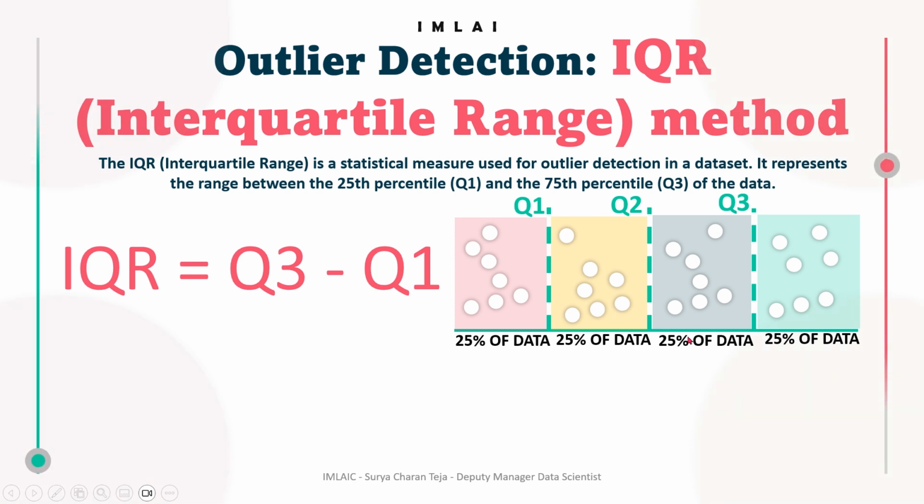So if you put it in very simple terms, the IQR, this interquartile range, is Q3 minus Q1, from here to here. This interquartile range captures the middle 50% of data.